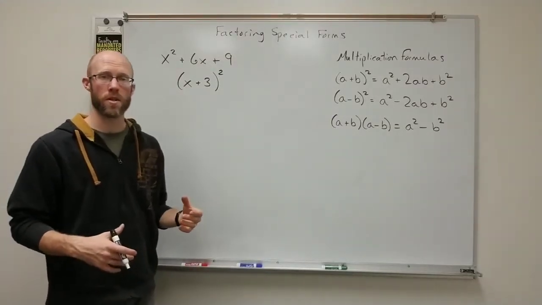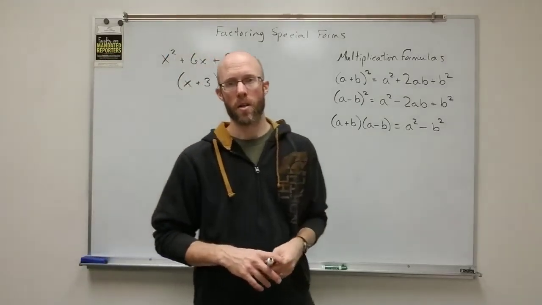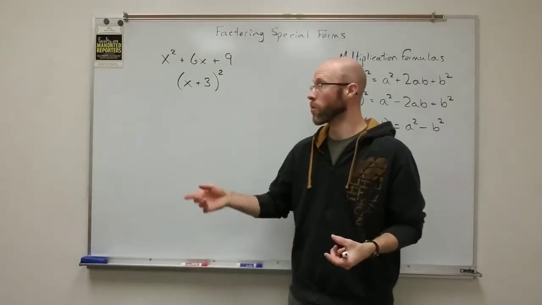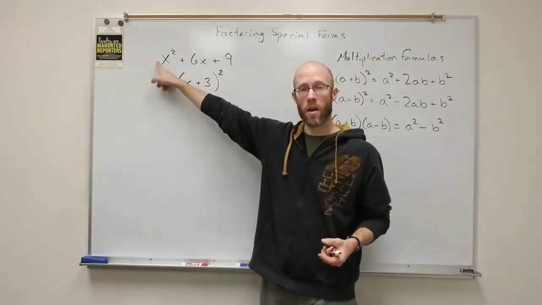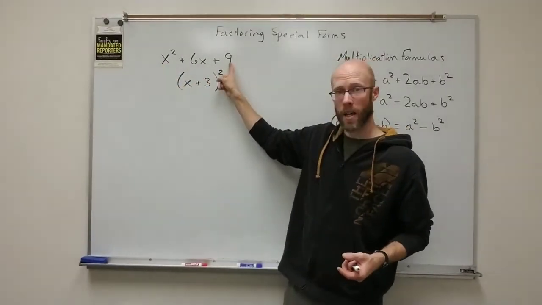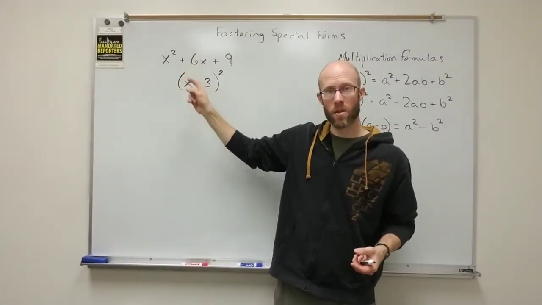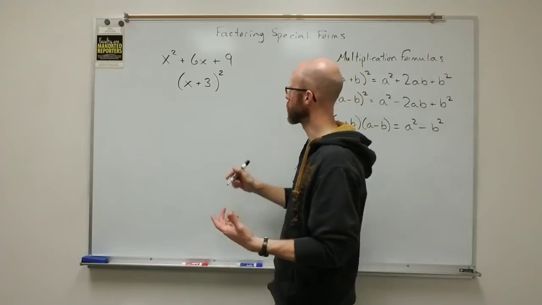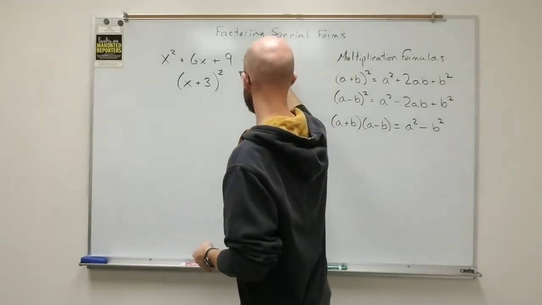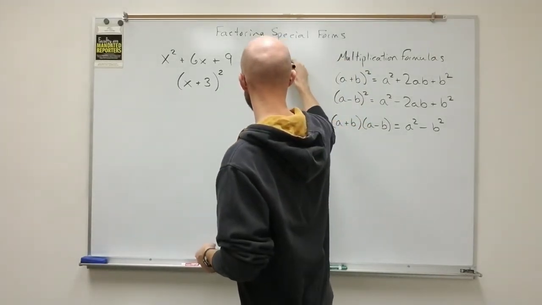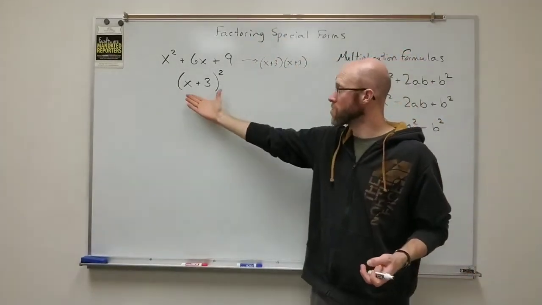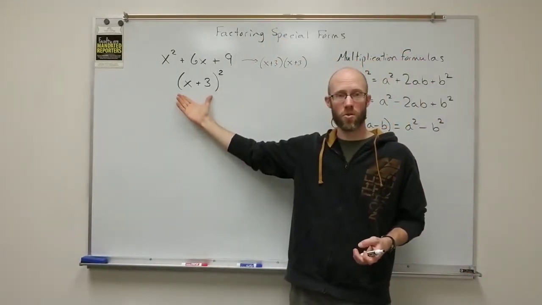You could also think of this, we talked about when we factored in a previous video, when the leading coefficient is 1, you're looking for factors of 9 that add up to 6, okay? And we know factors of 9 that add up to 6 are 3 and 3, and so you could factor it into just x plus 3 times x plus 3, or we could just use this simplified form with the x plus 3 squared.